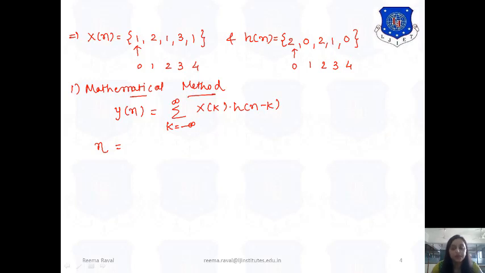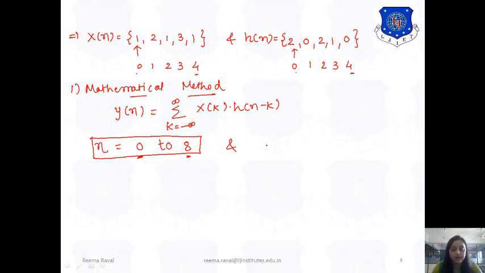That means both sequences are of equal length, having 5 values from n equals 0 to 4. So the range of n will be 0 to 8. Why? Because the lower range is 0 plus 0, which gives 0, and the higher range is 4 plus 4, which gives 8. This is how we define n equals 0 to 8.